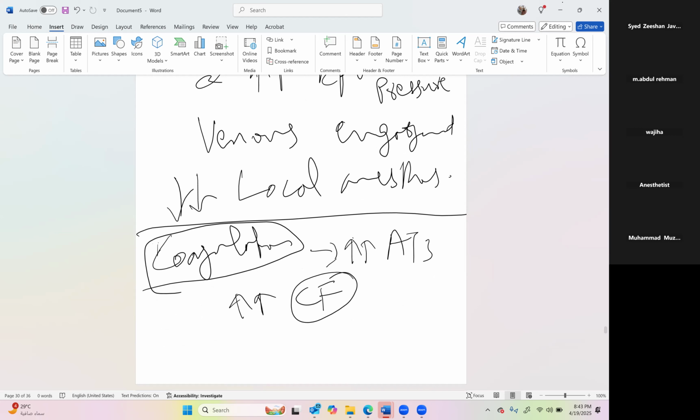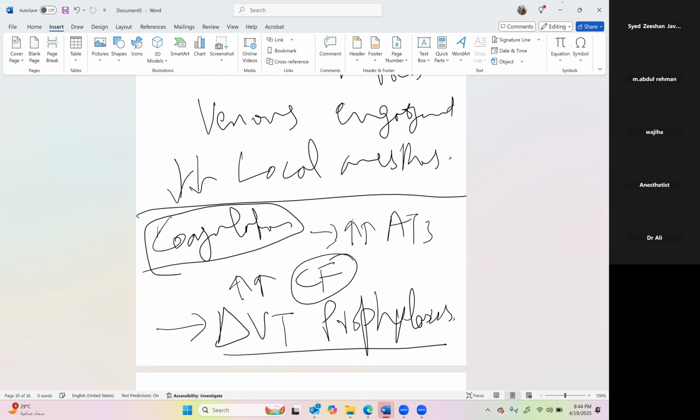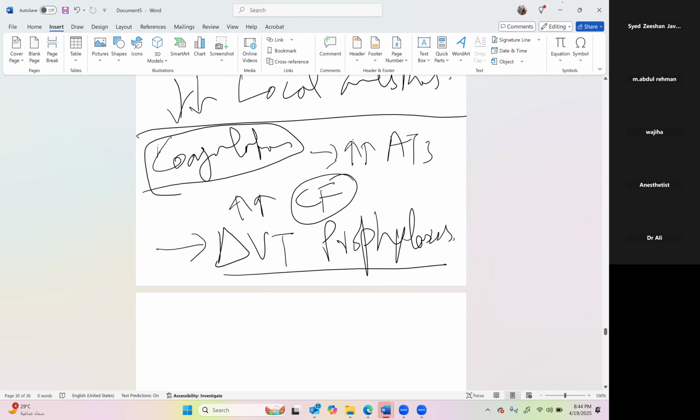So it's a hypercoagulable state. So we do DVT prophylaxis after the first trimester. And also we try not to have dehydration.